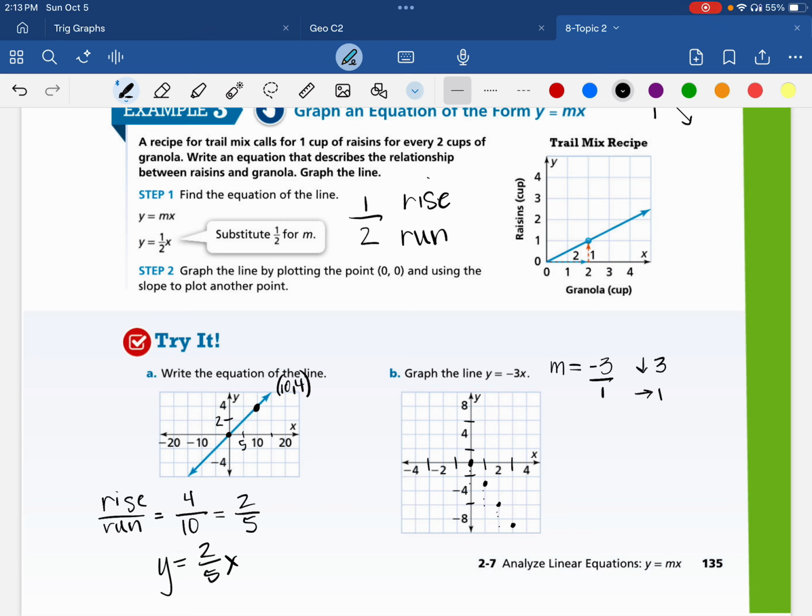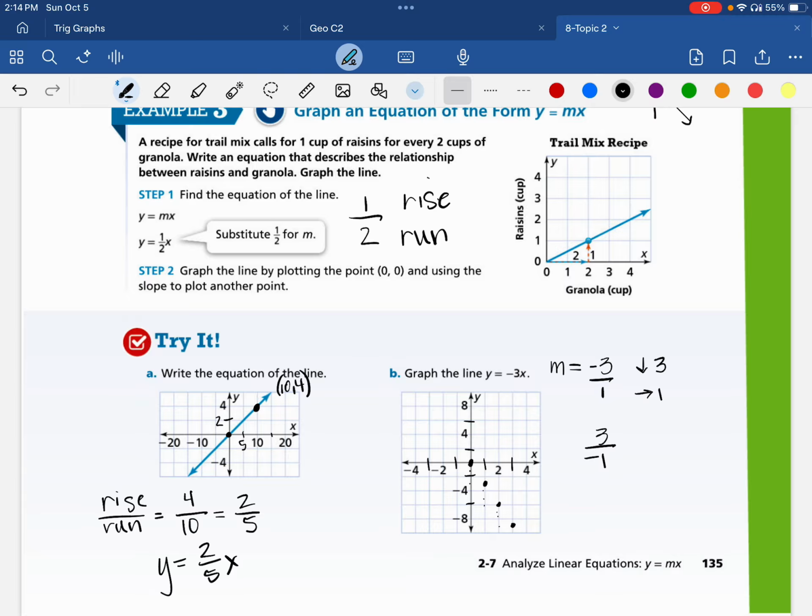I also want to go the other way because my graph doesn't just start right here. This is not a situation where we can't have negatives. So the other way that I can do my slope, if this is a -3, the negative could also go in the denominator instead of the numerator.